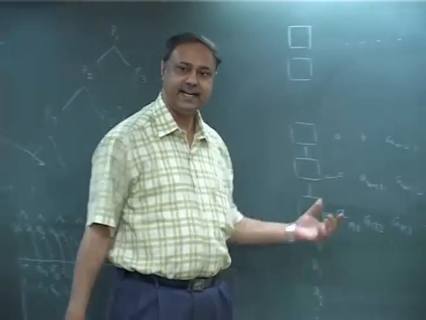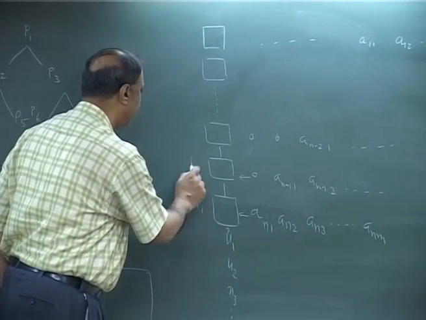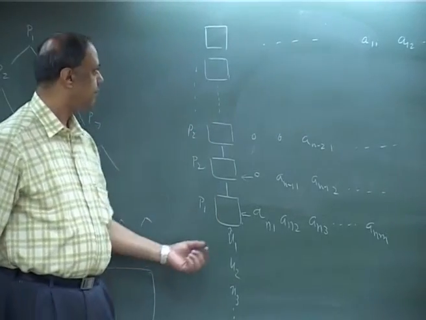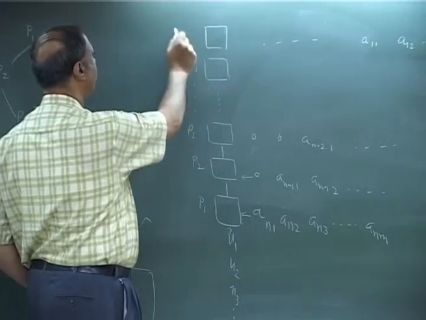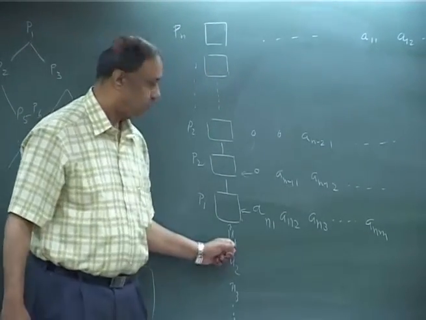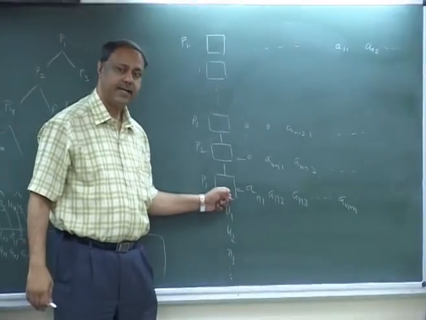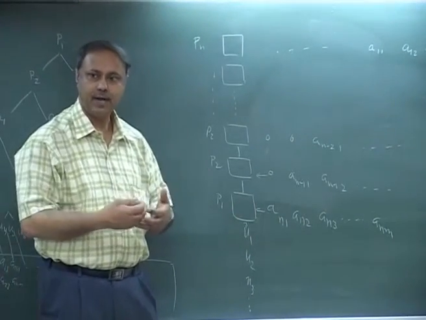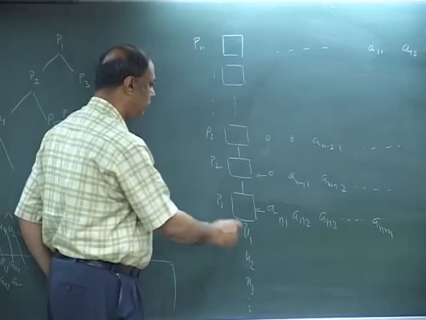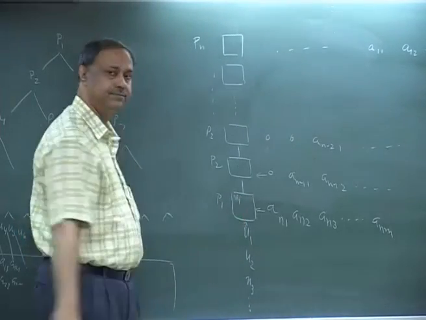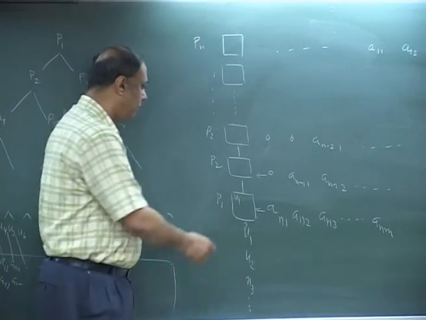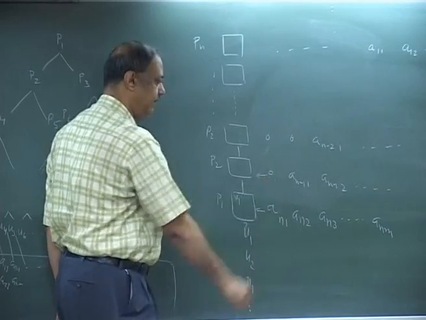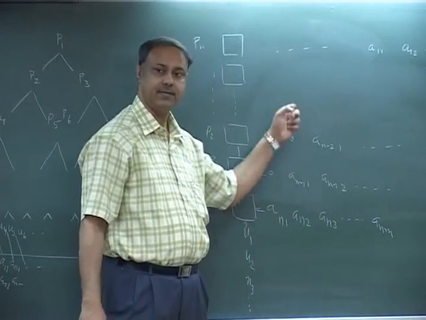Now here it is a linear array. This is the process P1, process P2, P3, and so on, and here it is Pn. Now U1, while I am pumping here, AN1 also will be pumped into this, and they combine or multiply, and the data is stored here as V1. Now V1 moves in the second iteration, and in the first iteration, this has come here, this data has come here, and so on.